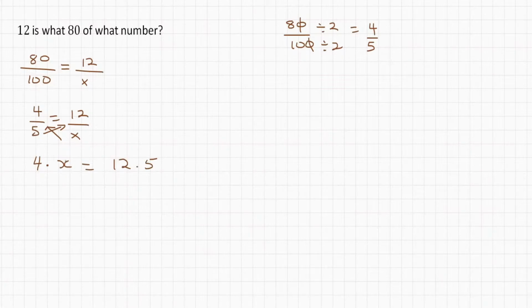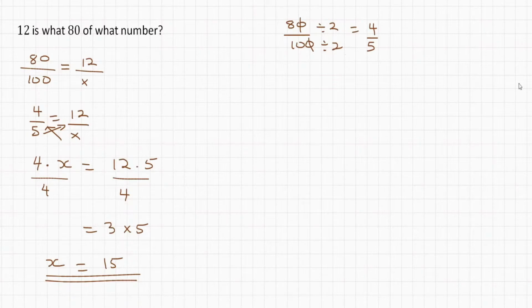So we want to isolate x, so we divide by 4 on both sides. 12 divided by 4 is 3 multiplied by 5. So x is equal to 15. So what this means is that 12 is 80% of 15. Now our final example, 84 is 3.5% of what number?